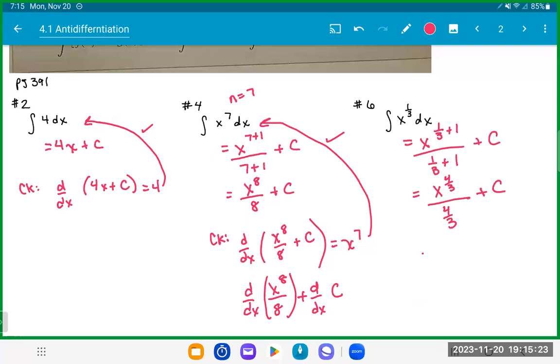So if I have x raised to the 4/3 divided by 4/3, that's the same as multiplying by the reciprocal, and then we still have that plus c out there. So this actually becomes, in simple form, 3x to the 4/3 over 4 plus c. Okay, question?